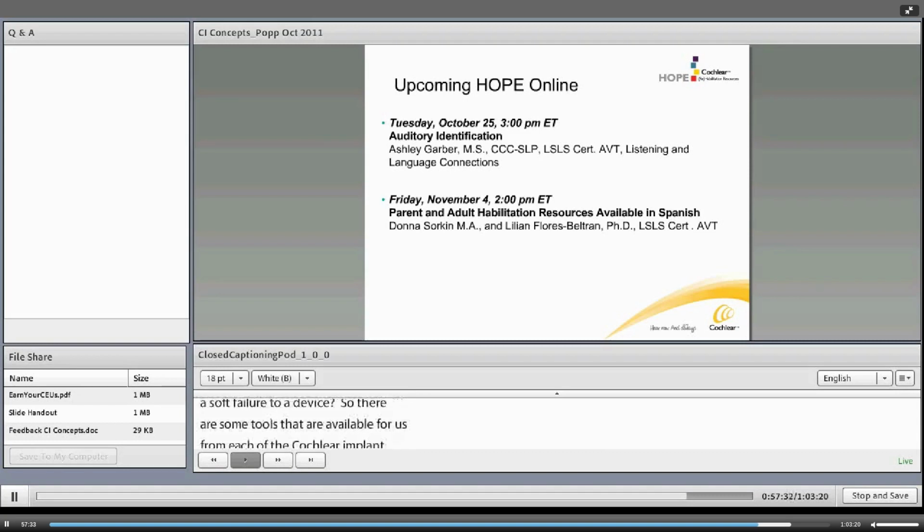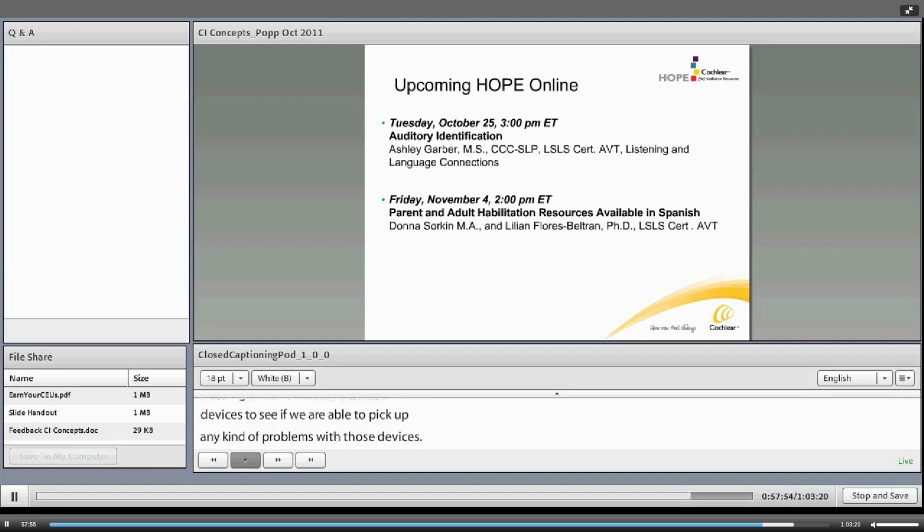We've got another question that has just come up. How do audiologists determine a soft failure to a device? So there are some tools that are available for us from each of the cochlear implant manufacturers, and additional test pieces of equipment that we bring in and run diagnostic tests on the internal devices to see if we are able to pick up any kind of problems with those devices.